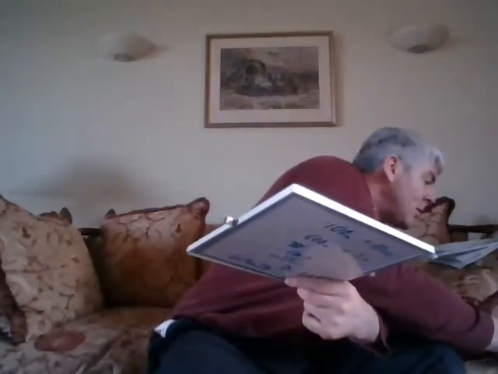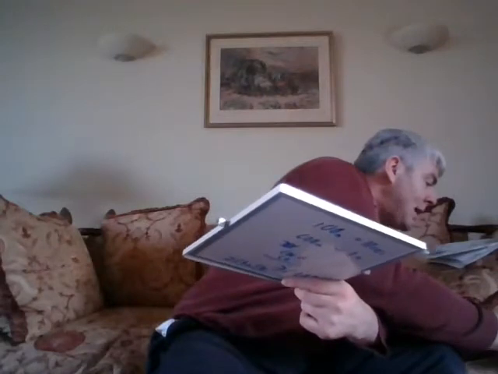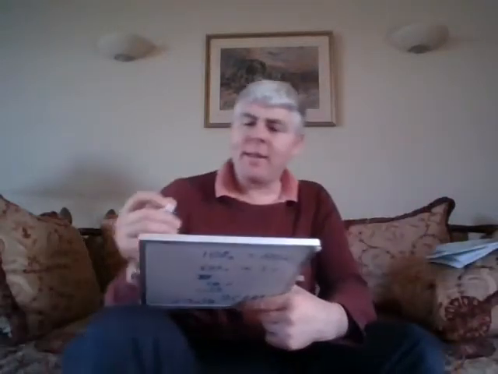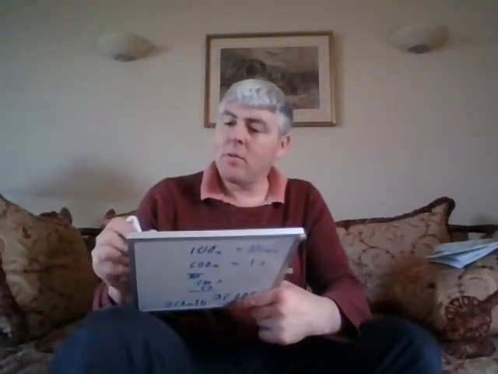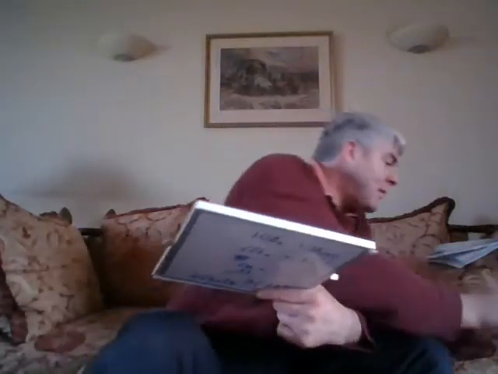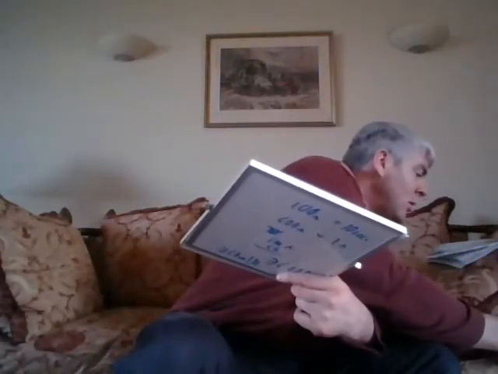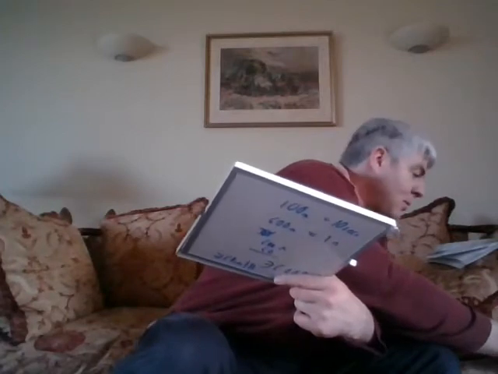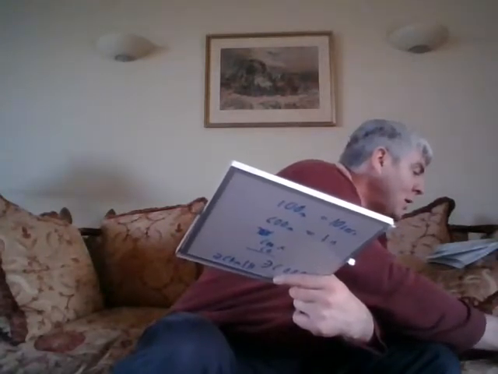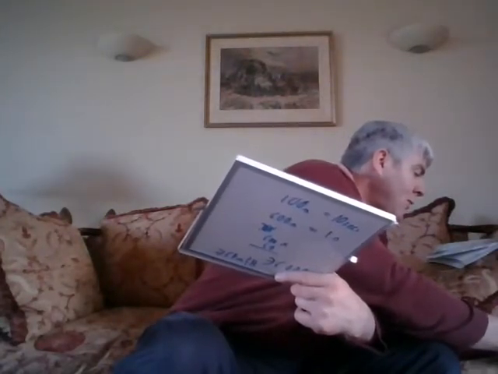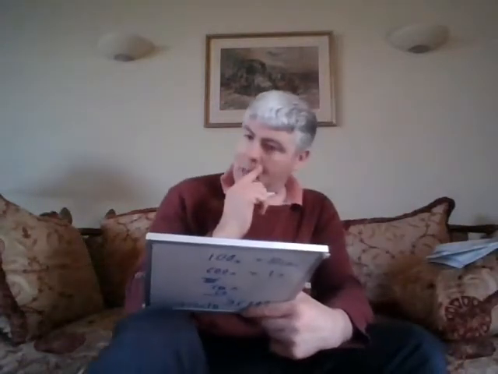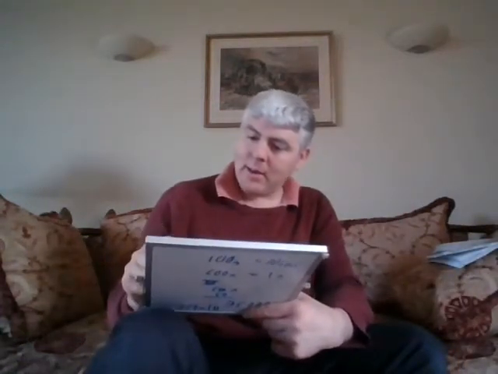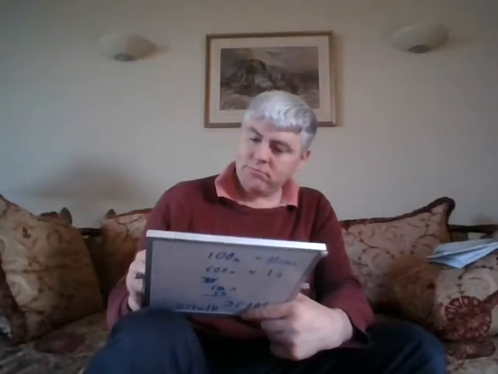So if we look at that, 1% of £8 is 8 pence, 8p. And 1% of 80 gives you, I think, 80 pence.